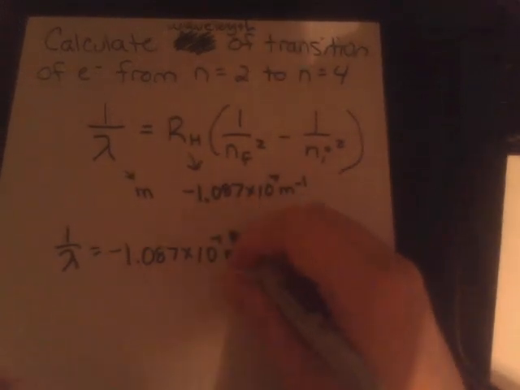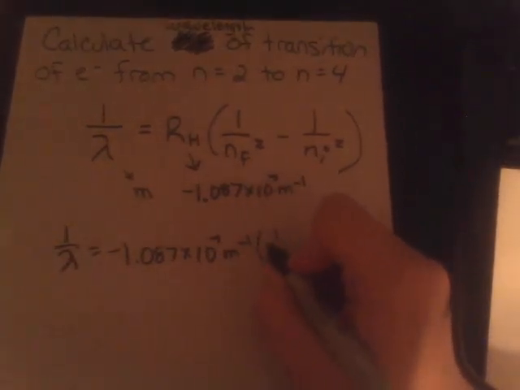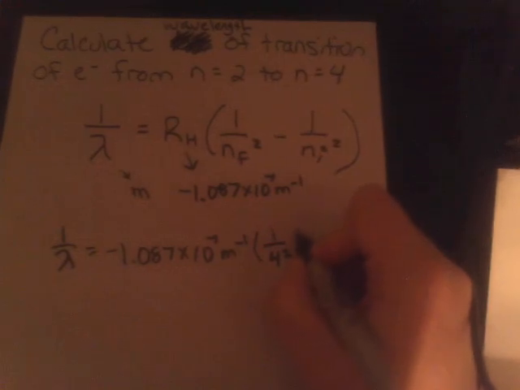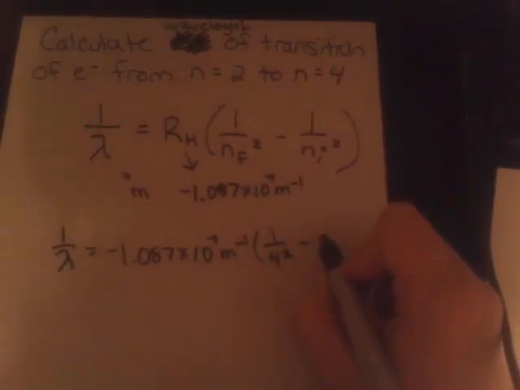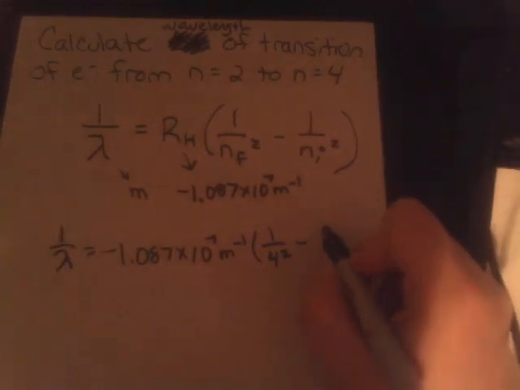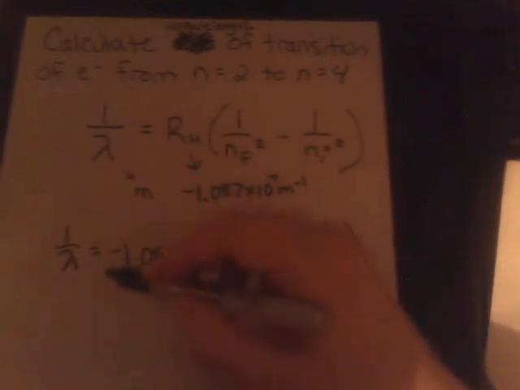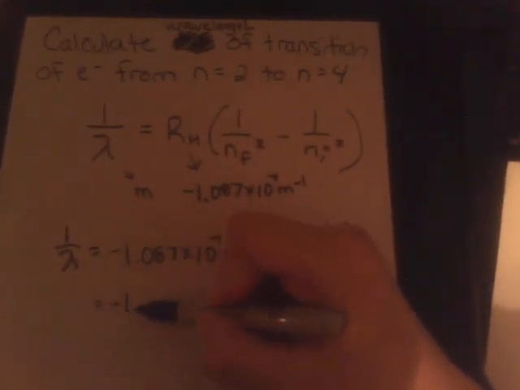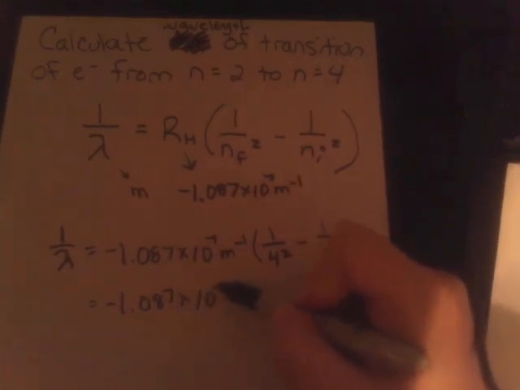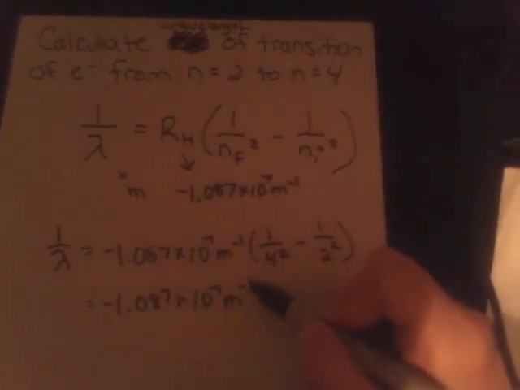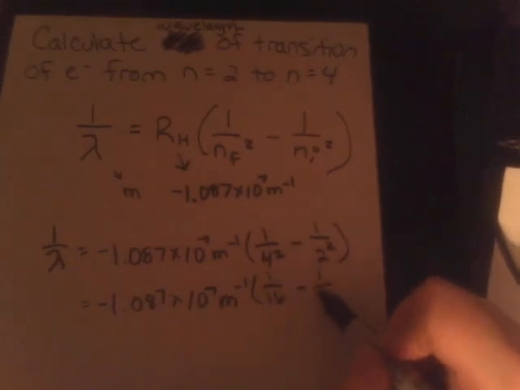And our final energy level is n equals 4, so it's going to be 1 over 4 squared, minus, and our initial energy level is n equals 2, so it's going to be 1 over 2 squared. So it's going to be negative 1.087 times 10 to the 7 per meter, times 1 over 16 minus 1 over 4.